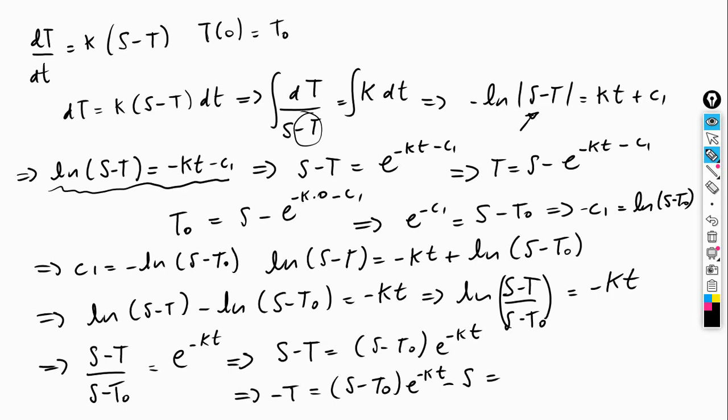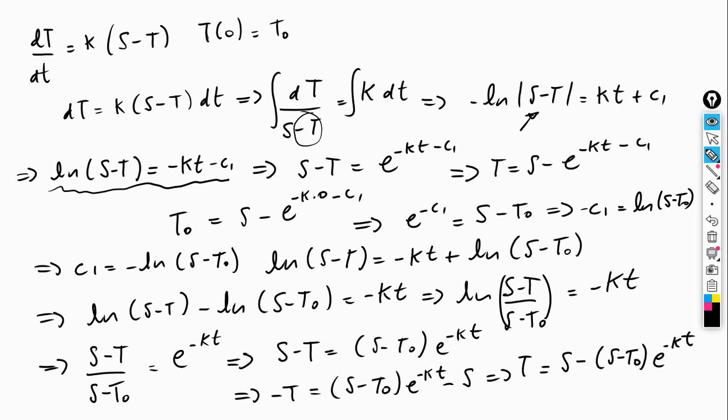And finally, we get that T is equal to, and this is capital T for temperature, S minus (S - T₀) times e to the power of minus kt.